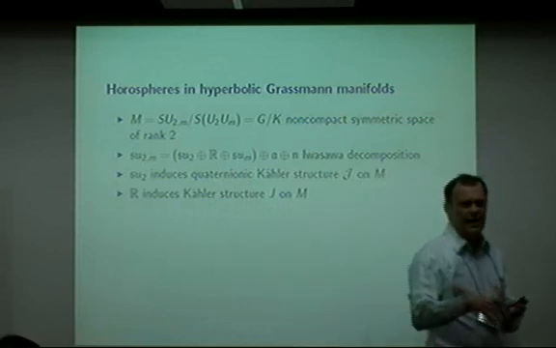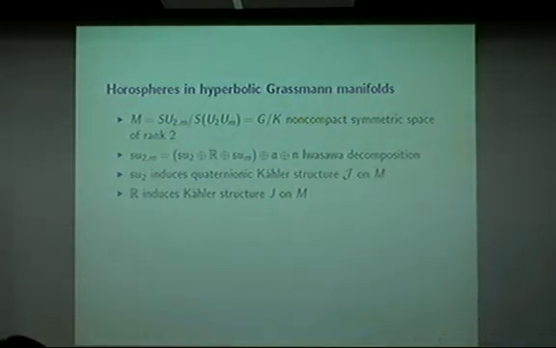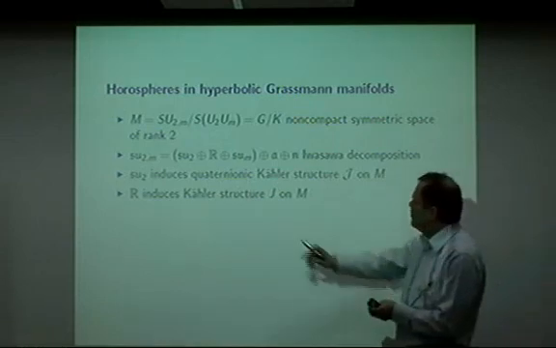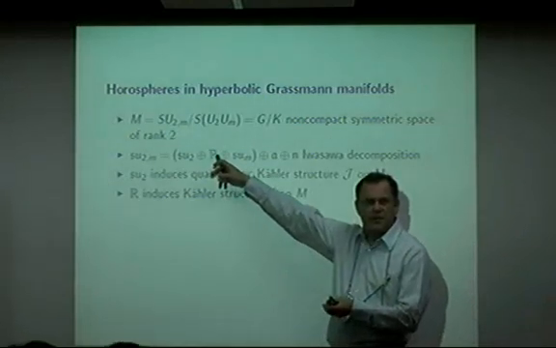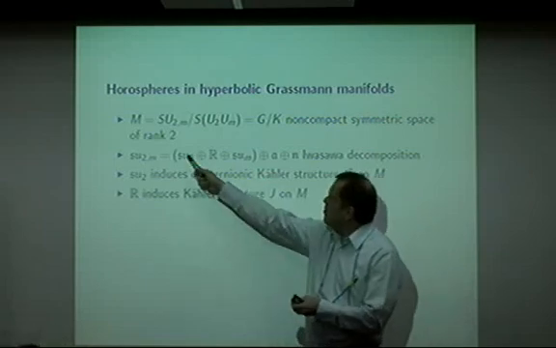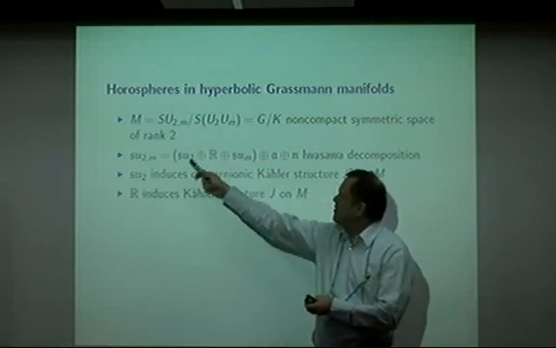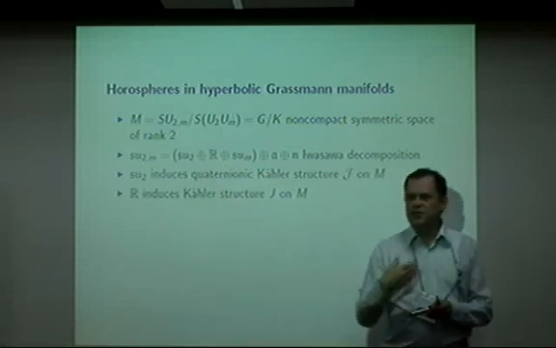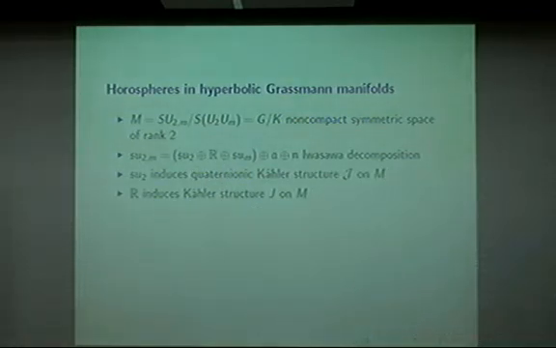And what we also can take is R. So we take the adjoint action of R. This gives us a complex structure on the tangent space at a point, and by K invariance, we can produce through this a Kähler structure on the manifold. So these two objects in the stabilizer, through the adjoint action, produce two geometric structures on the manifold, a Kähler structure and a quaternionic Kähler structure.